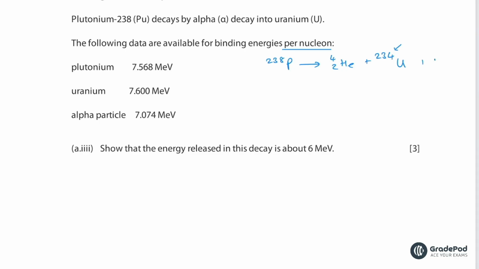There's also going to be energy, and it's this energy we want to find out. So we'll do 238 times 7.568 minus 4 times 7.074 minus 234 times 7.6, which gives us an answer of minus 5.51 MeV. We ignore that minus, that's fine, that's just giving us an amount of energy released in the equation.